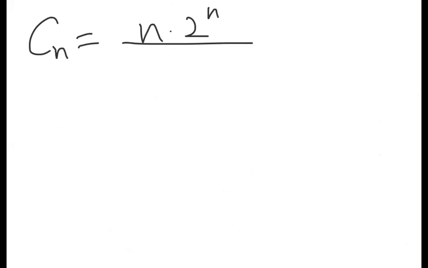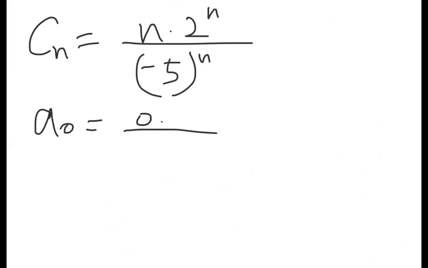For the next one, you have Cn equals n times 2 to the nth power, with 5 minus 5 to the nth power as the denominator. For the first 5 terms that start from n equal to 0, you start with A0.